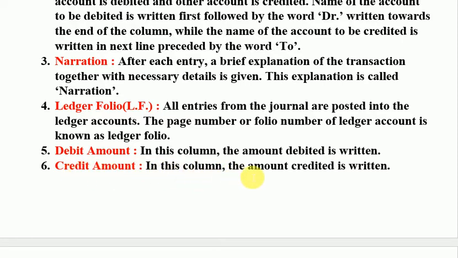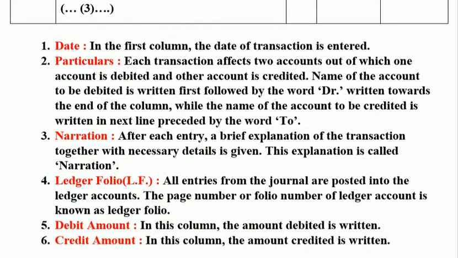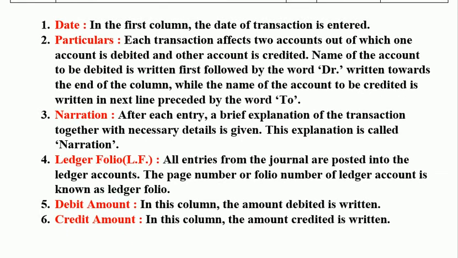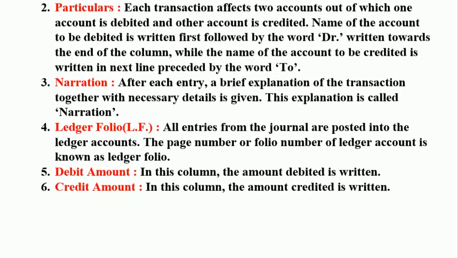In this column the amount credited is written. Here you can see that this is the last and fifth column, in which the credit balance or credited amount will be written. Got it? So I hope you have understood the concept and format of the journal. Now let's proceed.